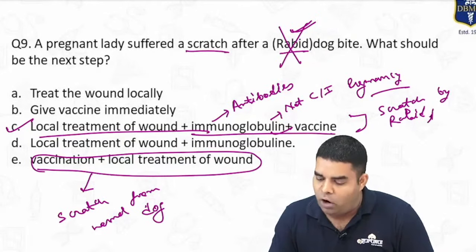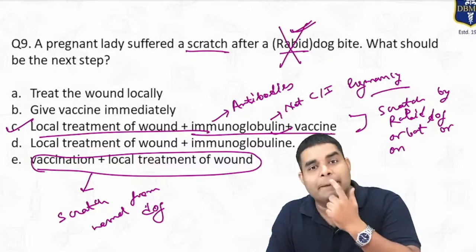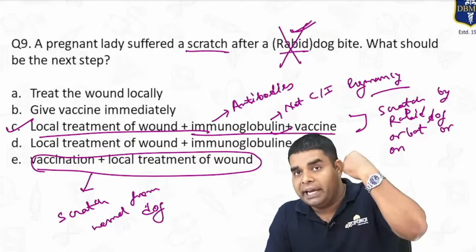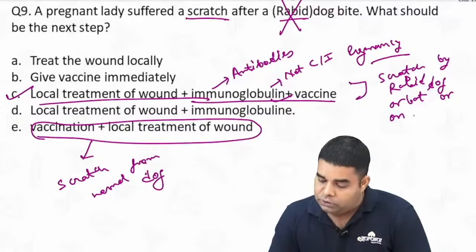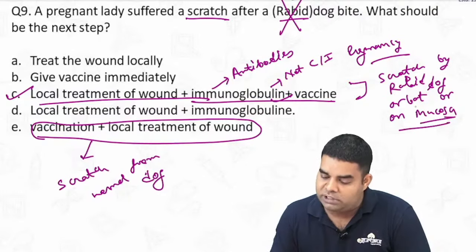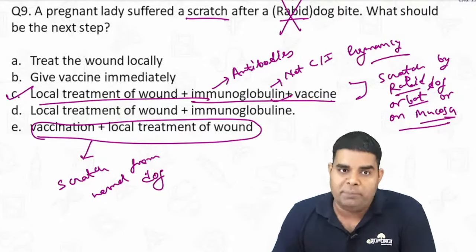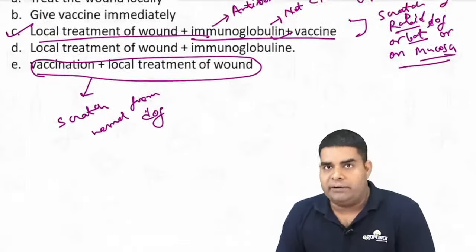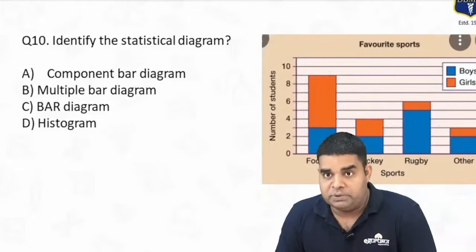Suppose a dog scratches the lips, then we should take it as category 3 and give immunoglobulin. In all these cases, mucosa, bat or rabid dog scratch, we have to give immunoglobulin. If it is a normal dog, we can treat it with vaccine plus local cleaning of the site.